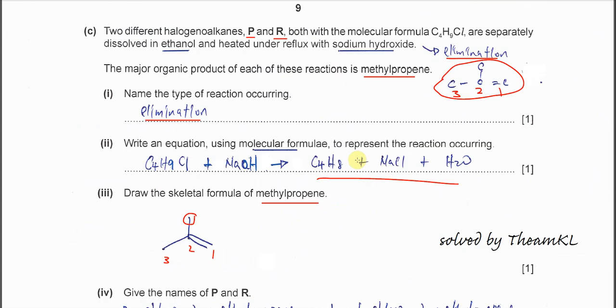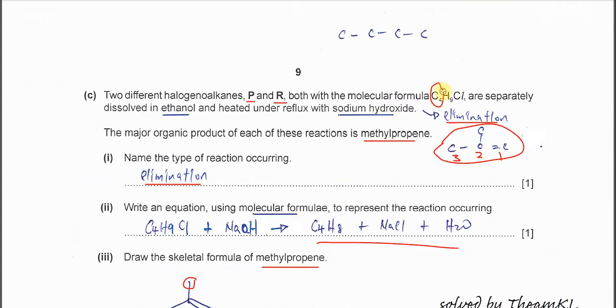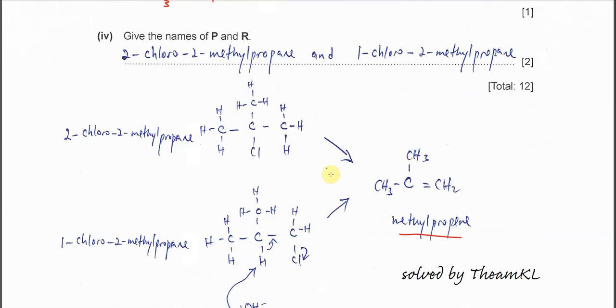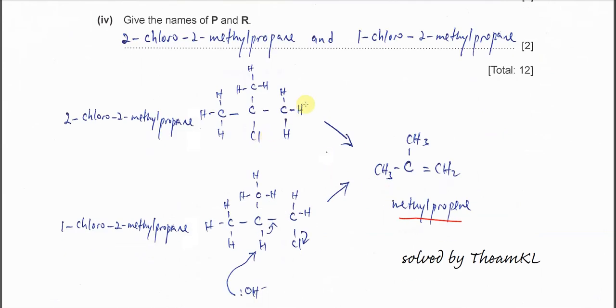Since this one is giving C4, if it were a straight chain, it would not work. It must be a branched molecule, which means the molecules that form the methylpropene must be this and this.